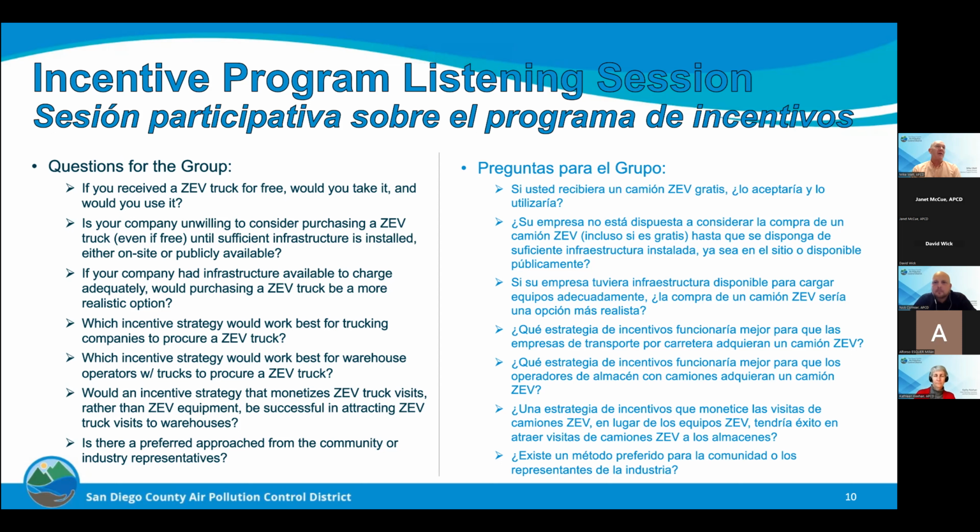Thinking about the challenges we're aware of with charging infrastructure on the south side of the border, would some sort of trucking as a service model be a potential option, where trucks coming across the border in a diesel truck would be able to pick up a zero emission truck on the US side, make whatever delivery they need to make on the US side in that zero emission truck before dropping that truck back off and going back down south?